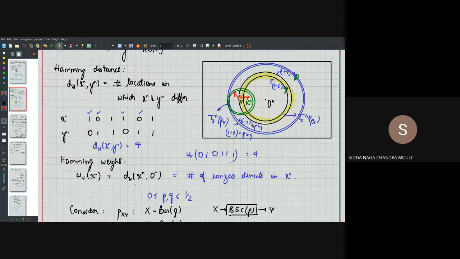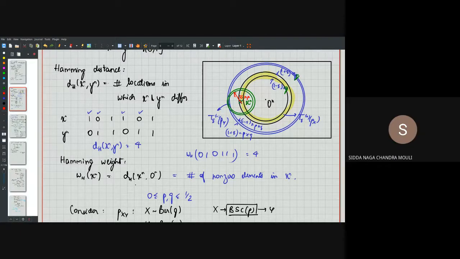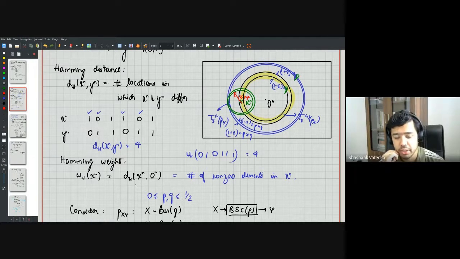One more doubt. But maximum is np, right? What maximum is np? The maximum Hamming distance between xn and yn. No, it need not be maximum, right? In what case do you say that the maximum will be n times p?